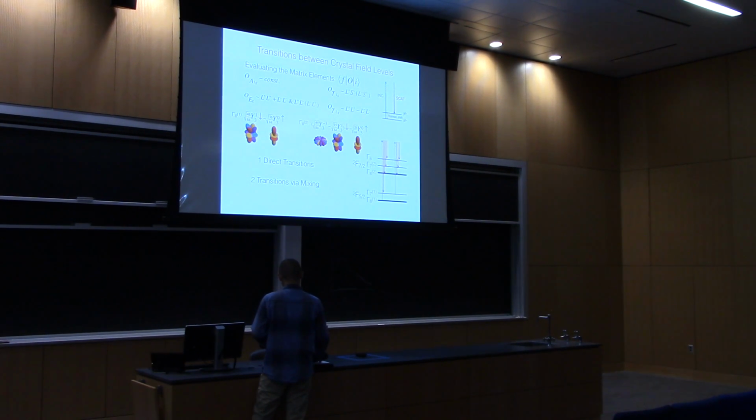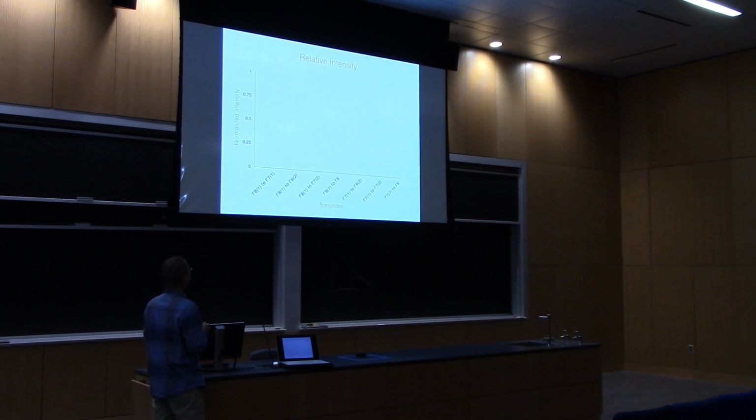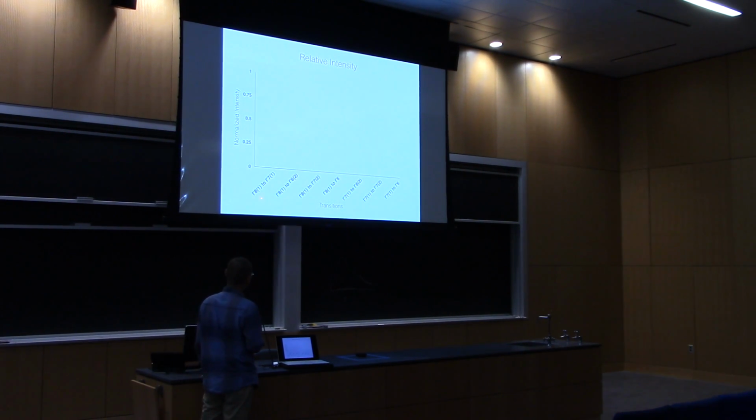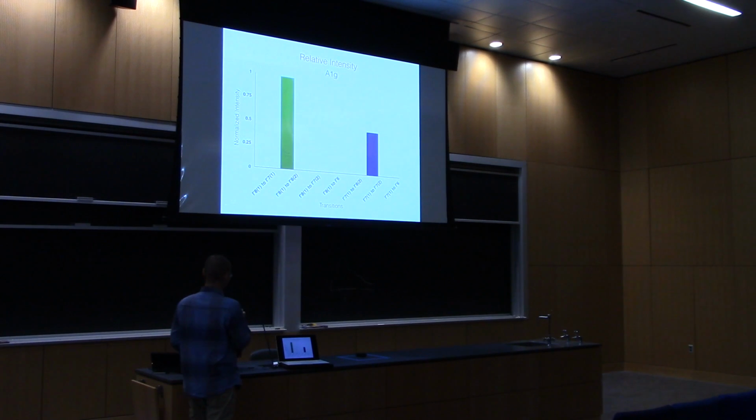And then I show the results by plotting the normalized relative intensity against all possible transitions. These 4 are from gamma 8.1 state, and these 3 are from gamma 7.1 state. This only exists at finite temperature, and gamma 8.1 is the ground state. We first show the A1G results.